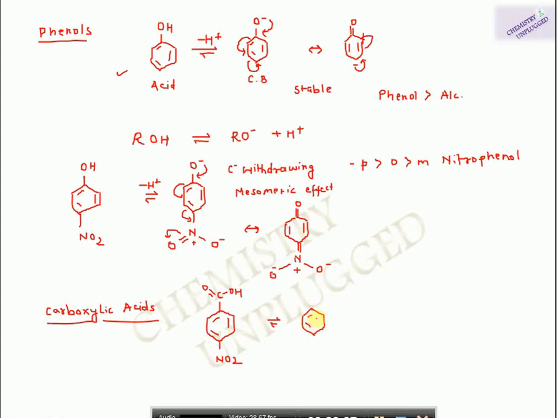And if we substitute a nitro group at the para position, then this nitro group will show a negative I effect. Because of this negative I effect, when the nitro group is close to COO minus, the negative I effect will be more pronounced. Therefore, ortho-nitrobenzoic acid will be more acidic as compared to the para substituted one.